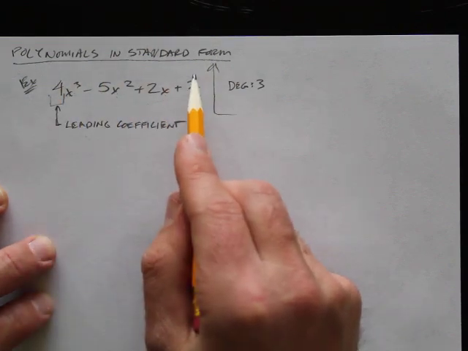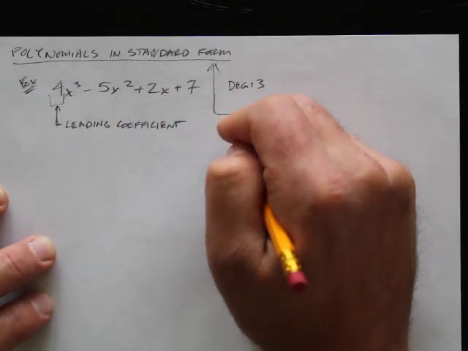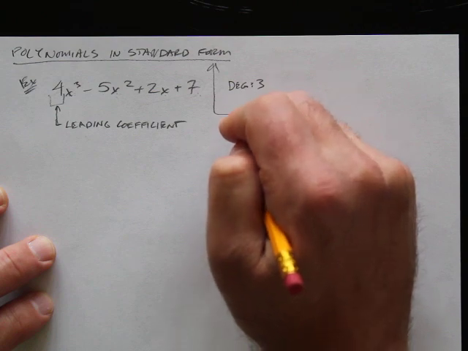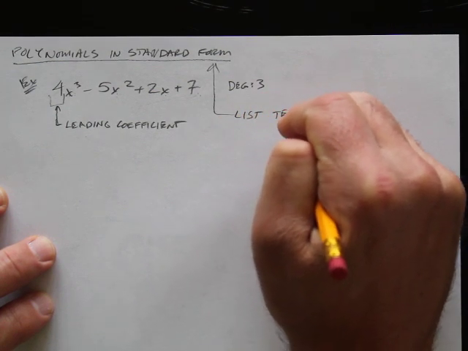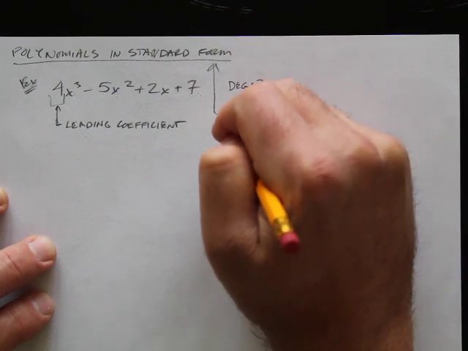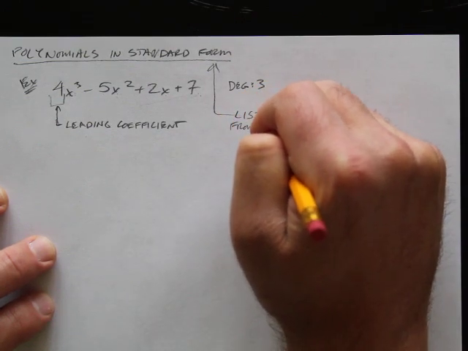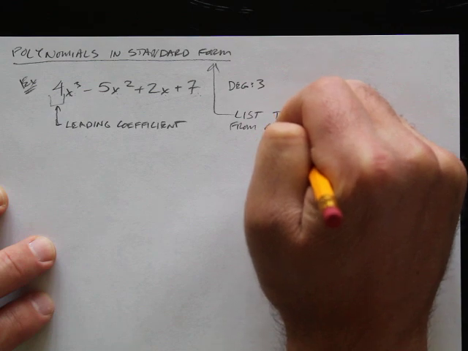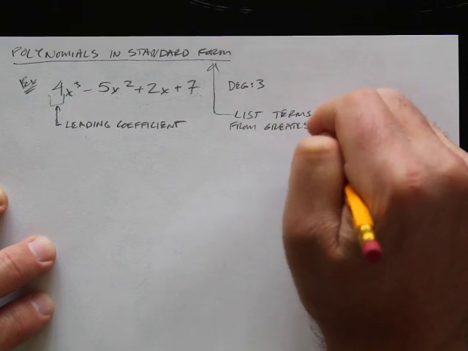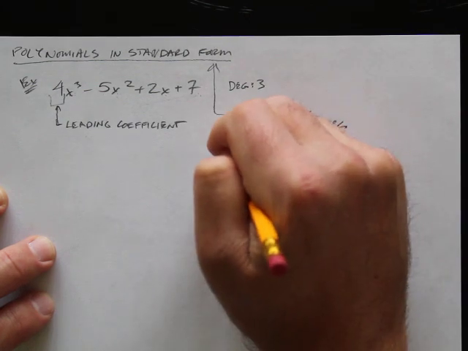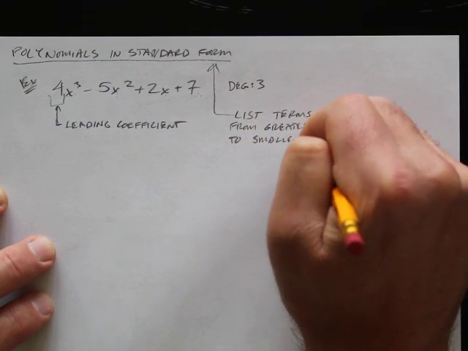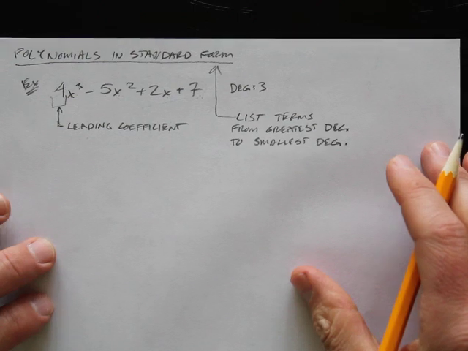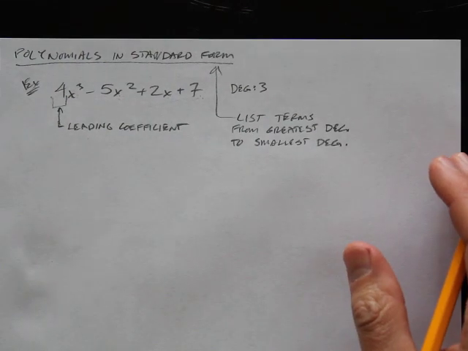So for standard form, we list the terms from greatest degree to smallest degree. And there we have it.